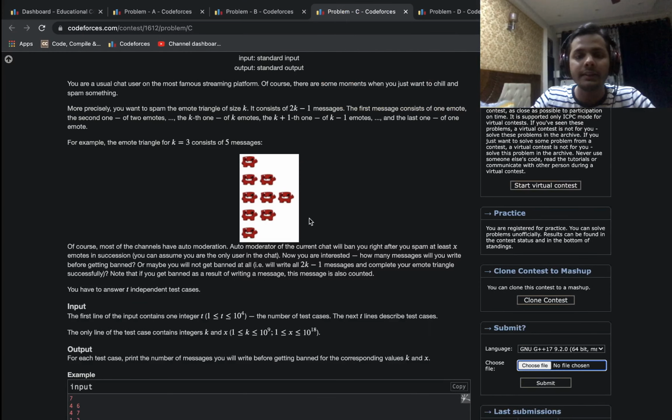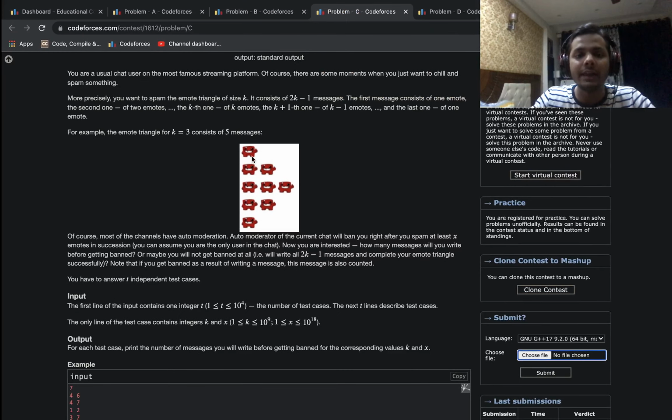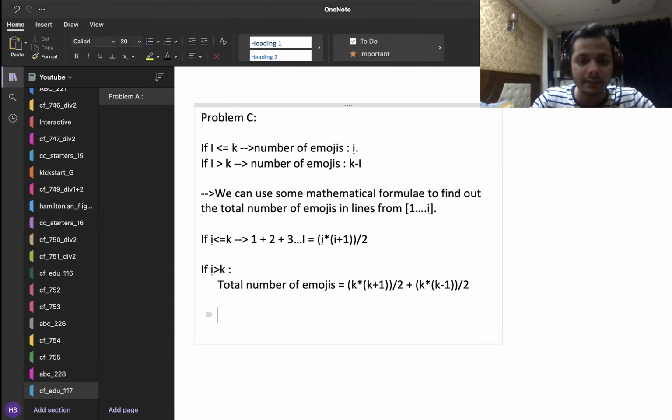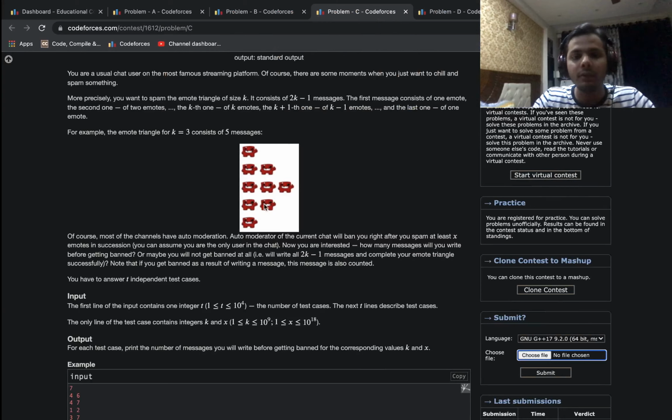Now, another thing that I can notice is that when I am at line k plus j, I already know that when i is less than or equal to k, I have something. But let's say i is equal to k plus j. For example, let's say you are at the k plus 1th line.